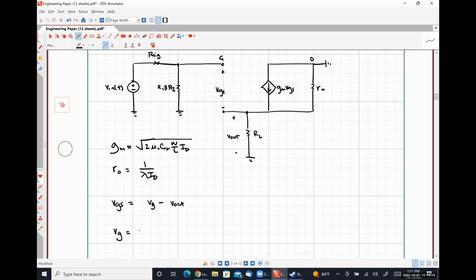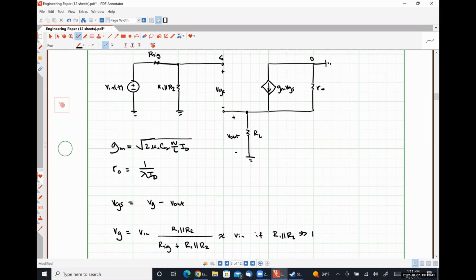That's going to look like our input voltage multiplied by R1 in parallel with R2 over R sig plus R1 in parallel with R2, which should be approximately Vin if R1 in parallel with R2 is much greater than R sig.